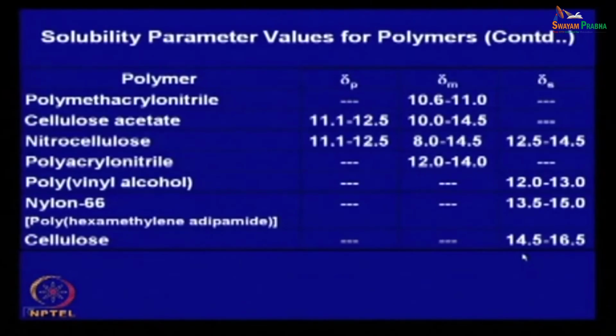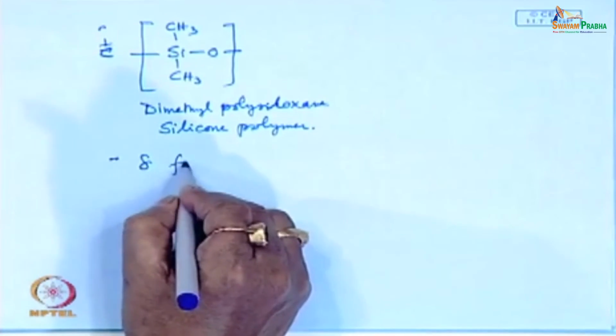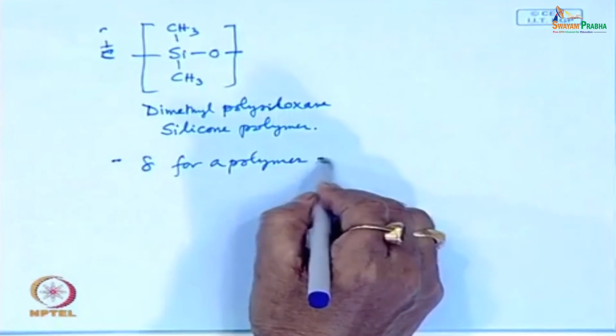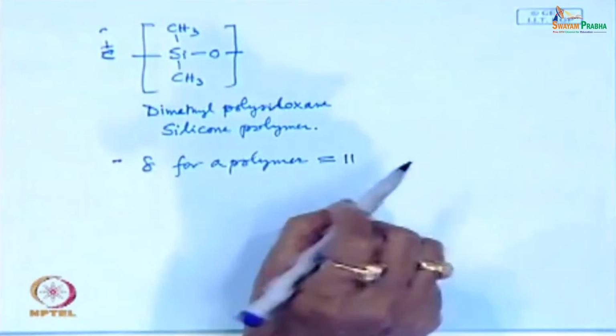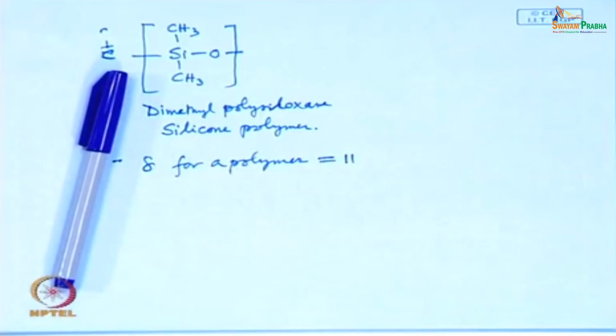So, you see from these data, if you know the solubility parameter delta for a polymer, say suppose it is 11, then you look at the solubility parameter of a solvent, go to the solvent chart.